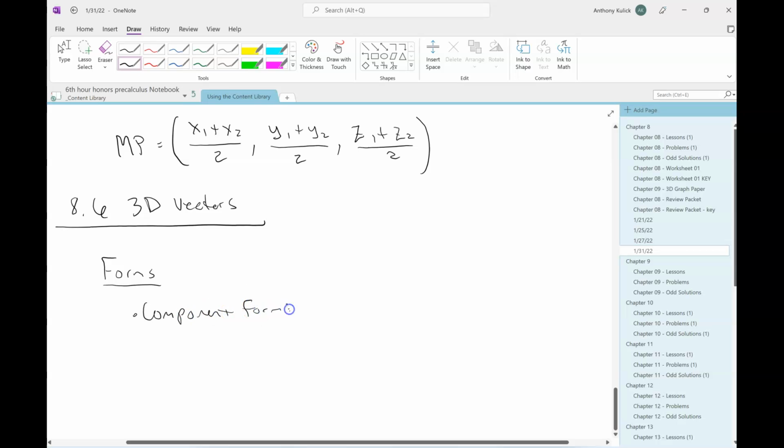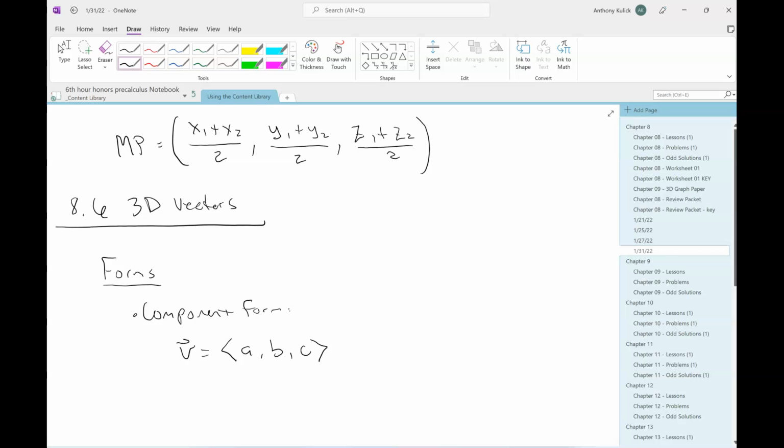So in 2 dimensions, our component form was just <a, b>. In 3 dimensions, it's just <a, b, c>, right?